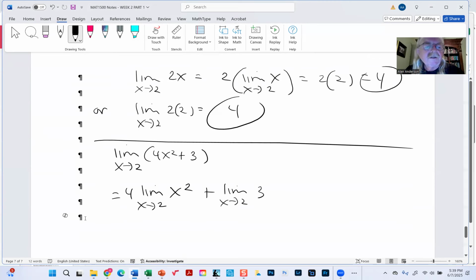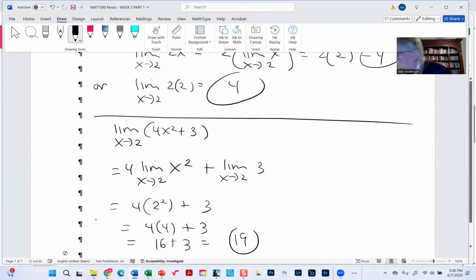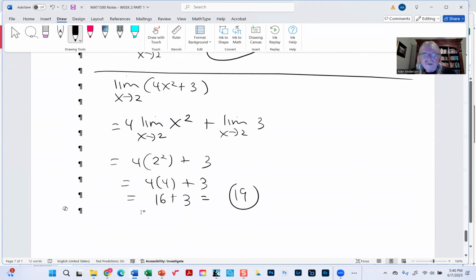Now remember, here you're just substituting. And the limit of 3 is just 3. 19. And it's that straightforward.